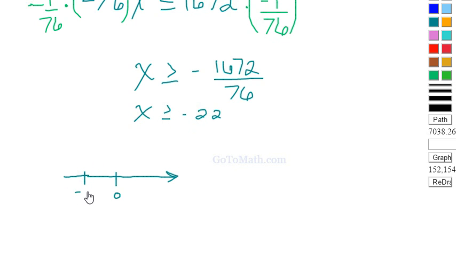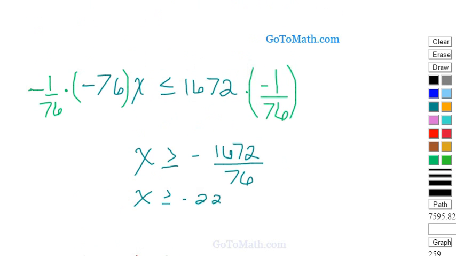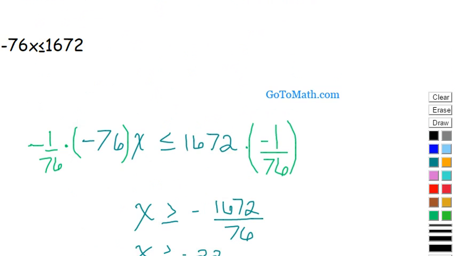So we'll say negative 22 is there. Been using red. Now it's equal to, so we're going to include it, right? So it's going to be a solid dot and then everything to the right of that.